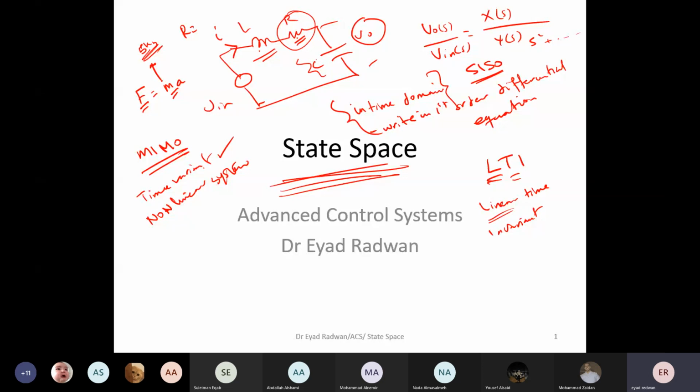Now, if you are looking at a rocket, for example, launching to space, the mass becomes time variant. Why? Because the mass of the rocket is changing with time. As the rocket is flying higher, it is losing part of its mass due to burning the fuel.